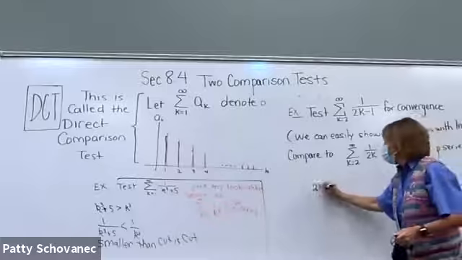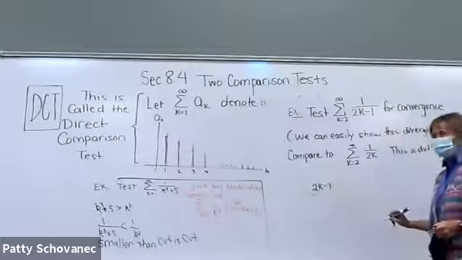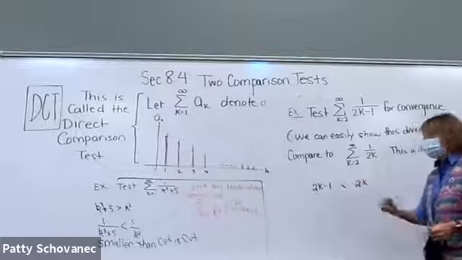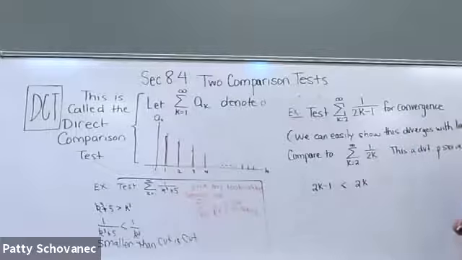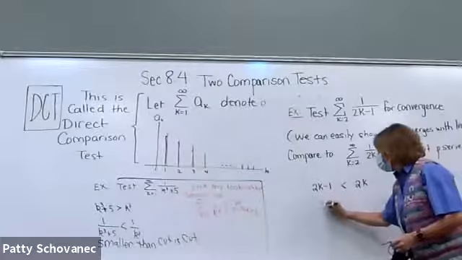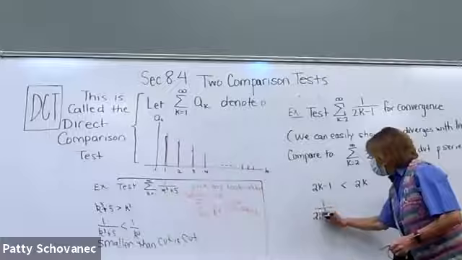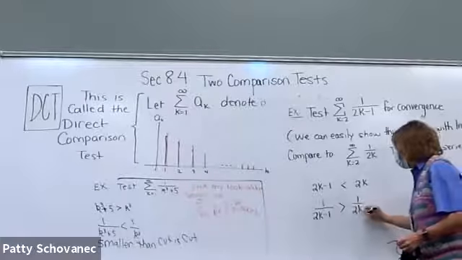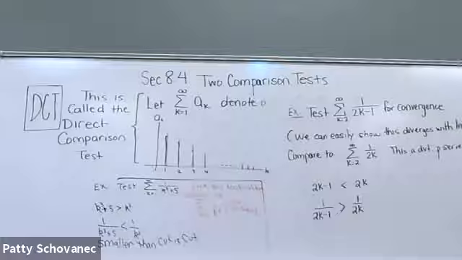My general term has this in the denominator, which is just slightly smaller than the term that has this in the denominator. So when I do the reciprocals, the series that I'm testing has terms which are larger than the terms of a divergent series.